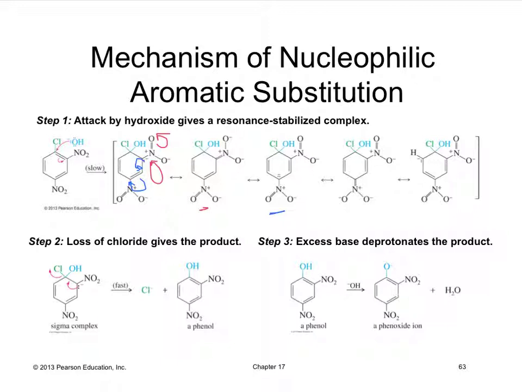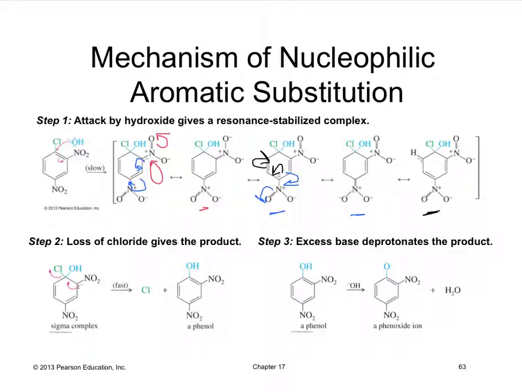Again, the electrons from here can go into the nitrogen, kicking out the electrons over here to the oxygen, generating this product. And the other possibility is if the electrons here go inside and go to this corner, which generates this product.